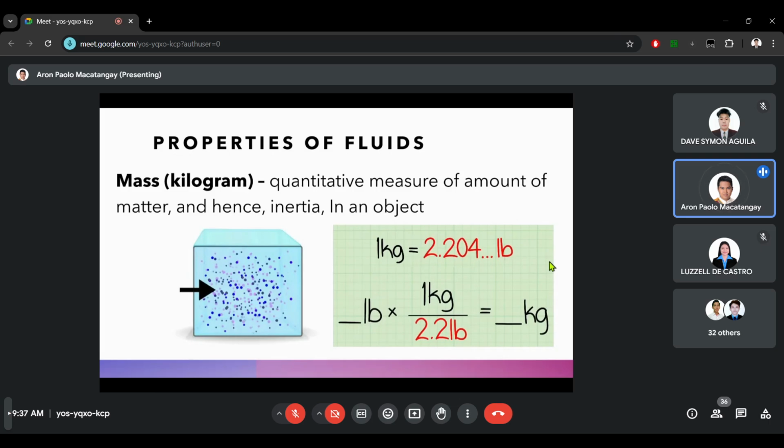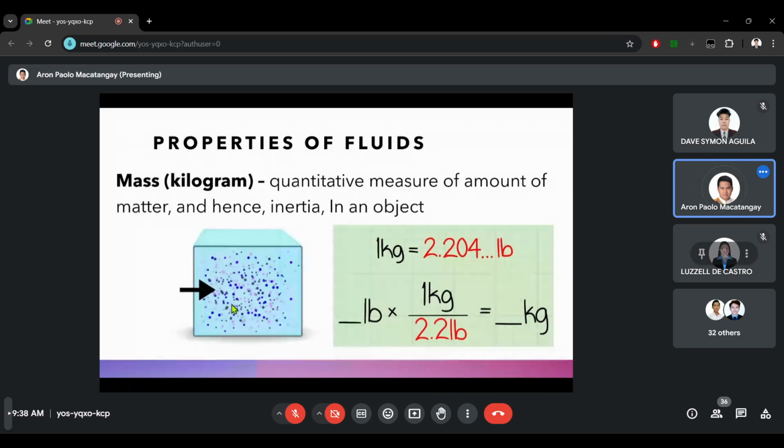Sometimes we will have tons, kilograms, grams, centigrams, megagrams. It is the quantitative measure of the amount of matter, the amount of molecules and atoms, which enhance inertia in an object. For example, if you have a box, the measure of the quantity of those molecules, those atoms in that object, that is called the mass. So it's the amount of matter.